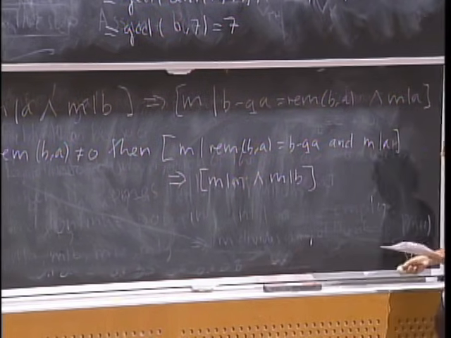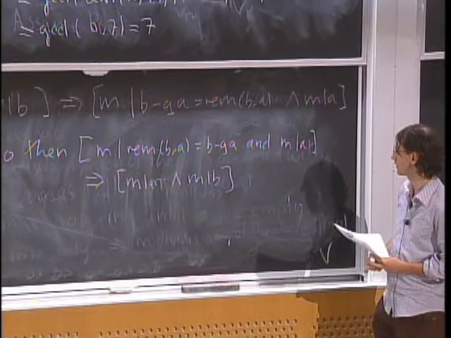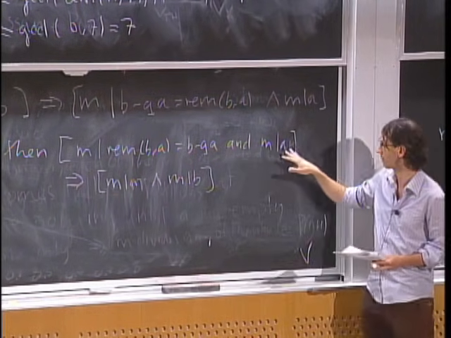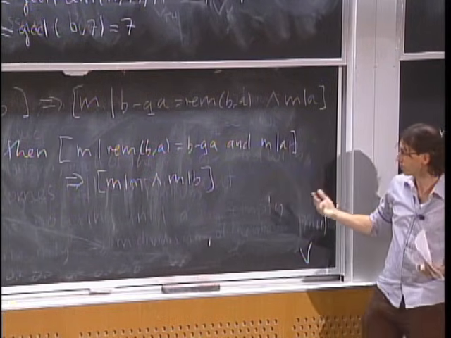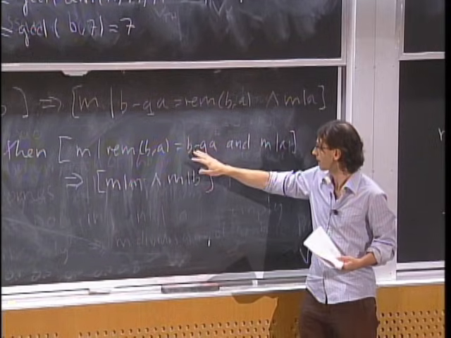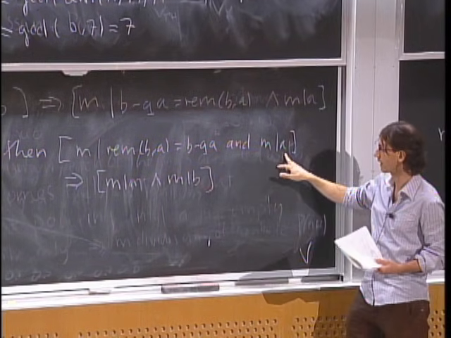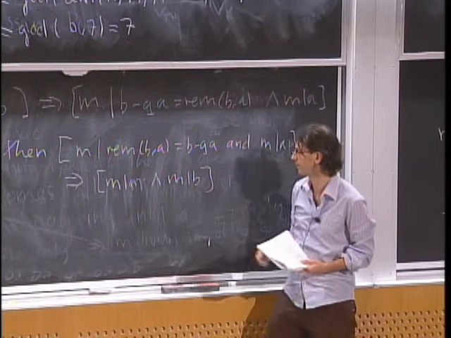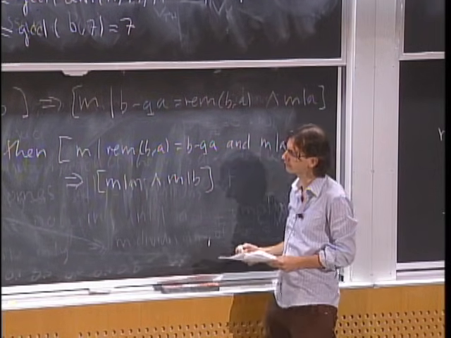Now, why is that? Well, we're actually using the fact that if m divides b minus q times a and m divides a, then m also divides any linear combination of these two. In particular, this plus q times a, which is b. m divides b.